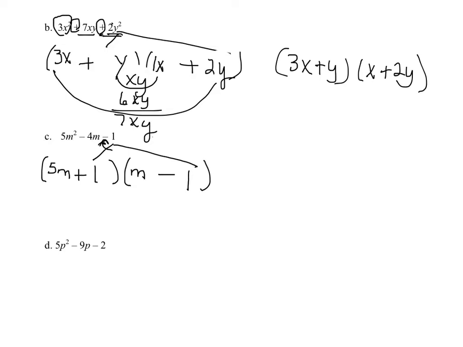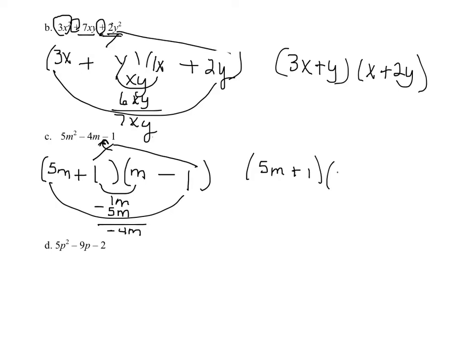And so I just have to worry about whether I have things all mishmashed or not. So what do we do? Answer the cradle. This is 1m, negative 5m. Oh, I added, I'll get negative 4m. Yay, I got it right the first time. So the answer is 5m plus 1, m minus 1. So on my guess and check, I'm doing pretty good guessing.